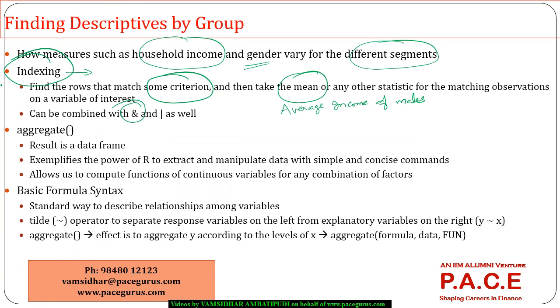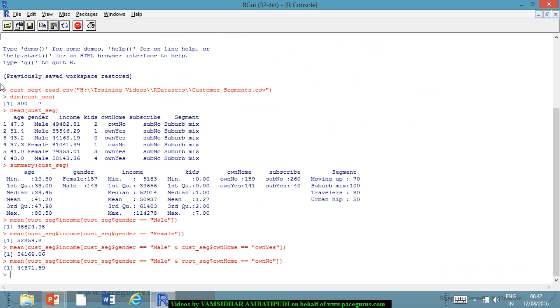Then on similar lines we have the aggregate function, which is also doing a similar kind of work for us, but it can give us a data frame. We have talked about it earlier. So the same thing, if I want to find out for each gender, here the advantage is I can get it for the whole thing at a stretch.